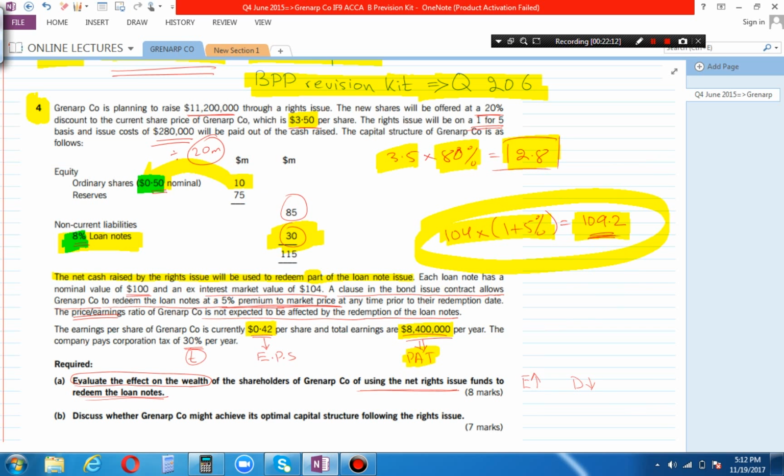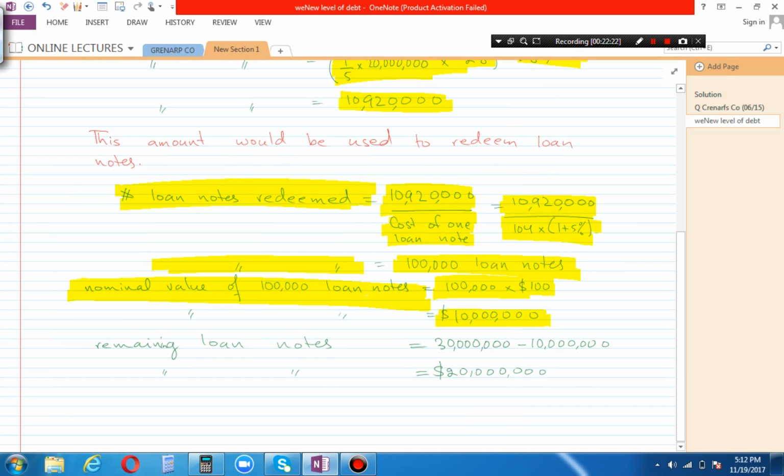In our question, the balance sheet value here is 30 million, and if you redeem 10 million, we will be left with 20 million. So 30 million we had the debt before, and we will redeem 10 million, so we will be left with the nominal value of 20 million. So the new interest would be at 20 million loan notes.